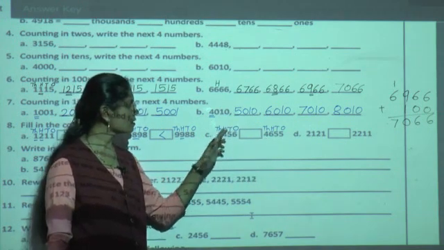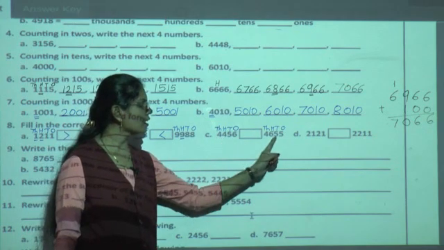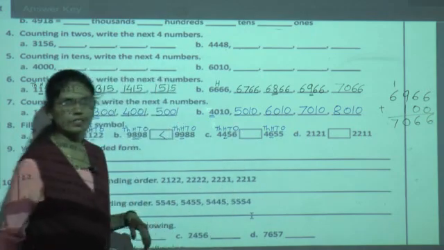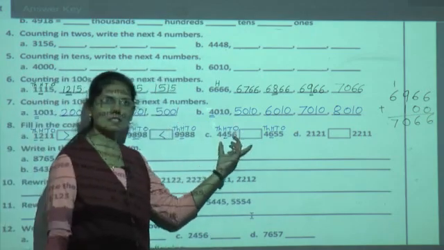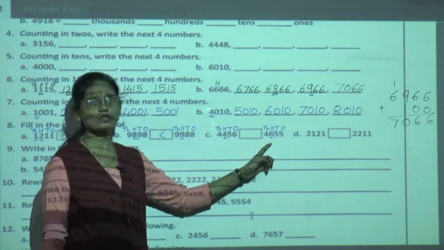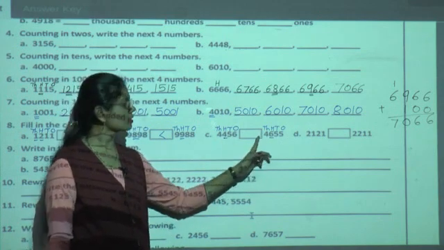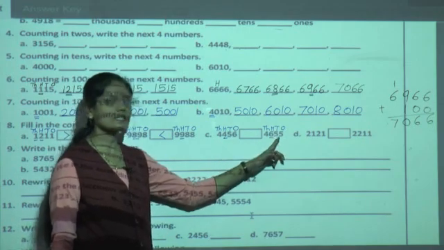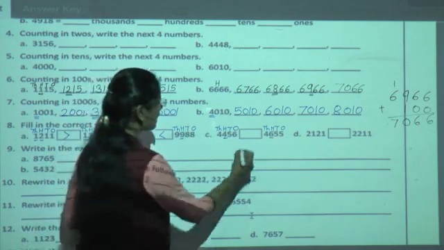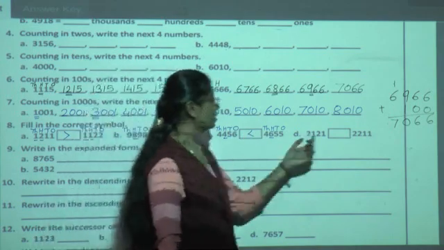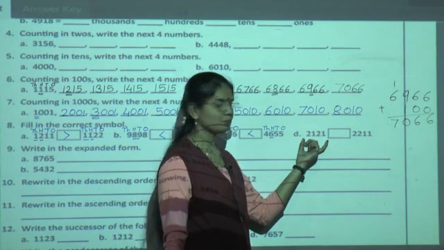Now here in this number at hundreds place 4 is there and here 6 is there. So we can do the comparison because both the digits are different. So 4 and 6, between these two digits, which is greater? Yes, 6 is greater than 4. So 4655 is greater than 4456.